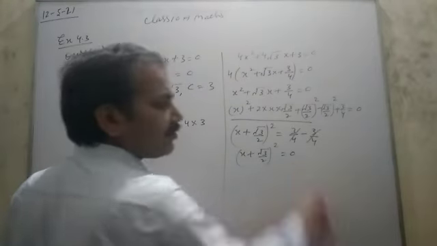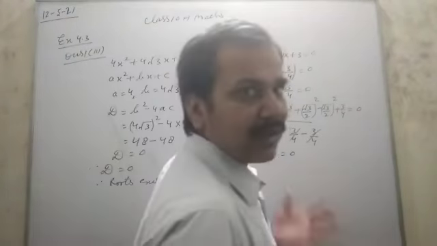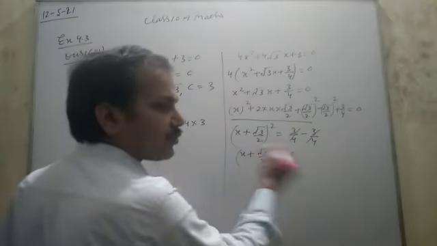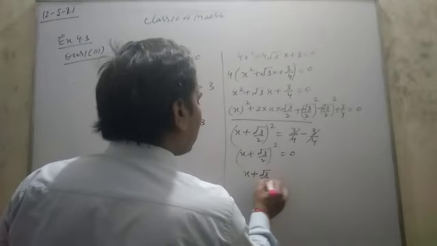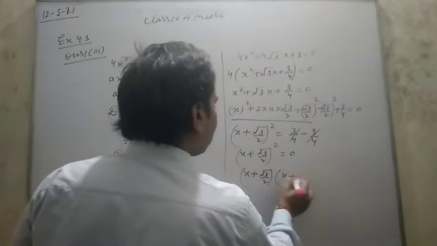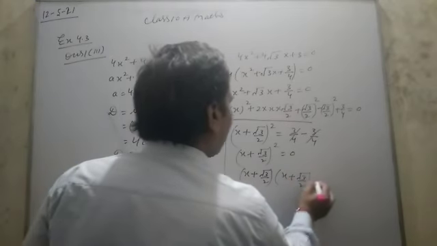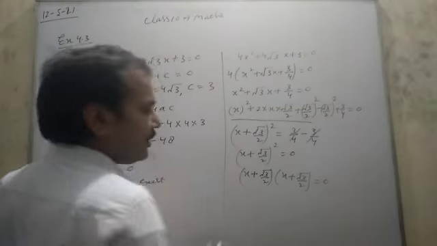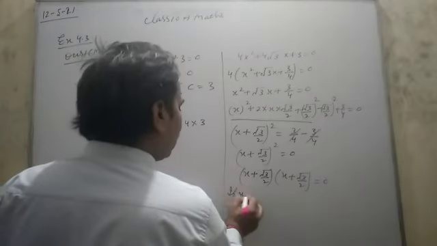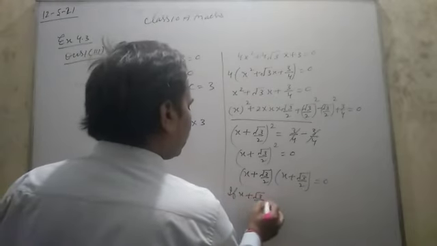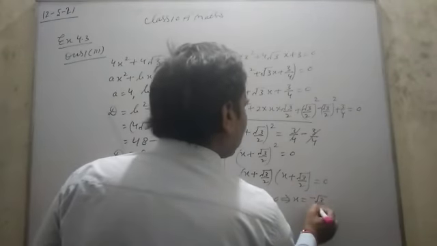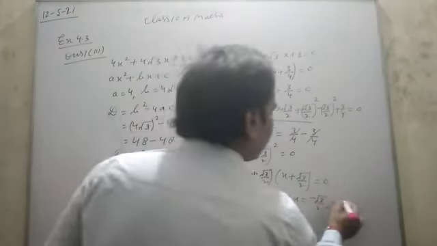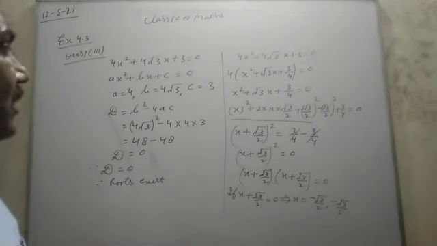So plus minus 0 means 0, neither positive nor negative. So there both roots will be the same. So x plus under root 3 by 2 is equal to 0, so x is equal to minus under root 3 by 2, and the second root also, both will be the same because both factors are the same.